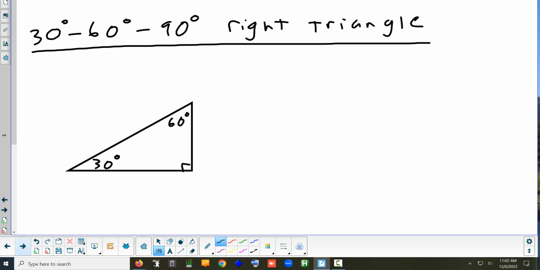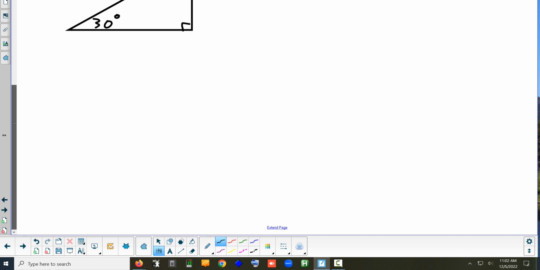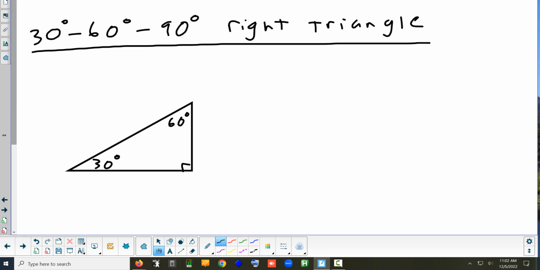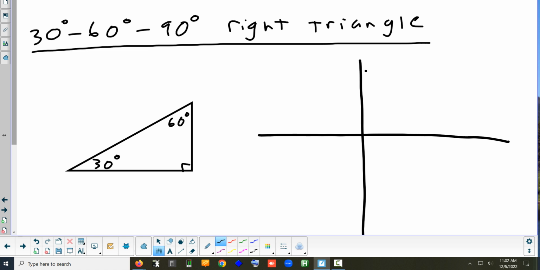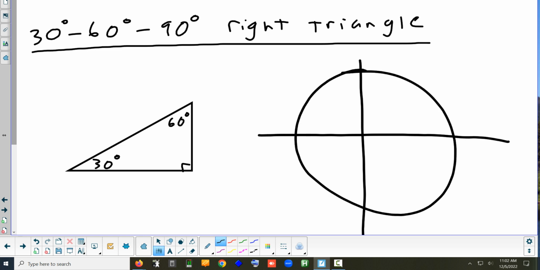So let's take a look at the 30, 60, 90. All right, so this time you'd have your unit circle, and 30 would be about right there. And we're going to do the same thing. We're going to make a triangle, and the goal is to figure out the base and the height. So there's your hypotenuse.